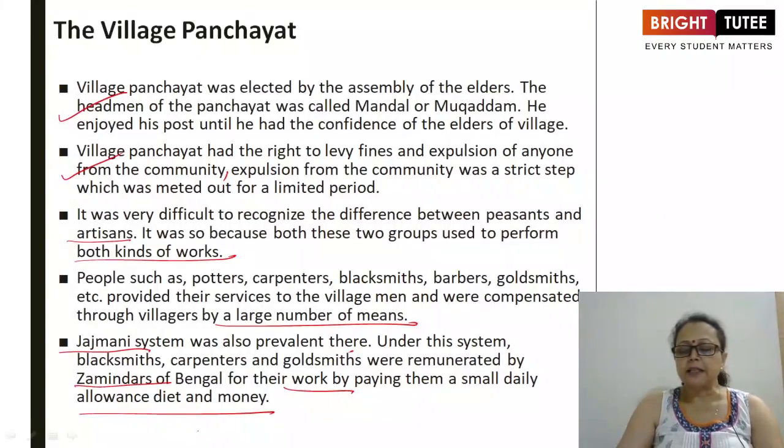So this way, the Jajmani system was followed in the villages. This is one example quoted here, from the region of Bengal.